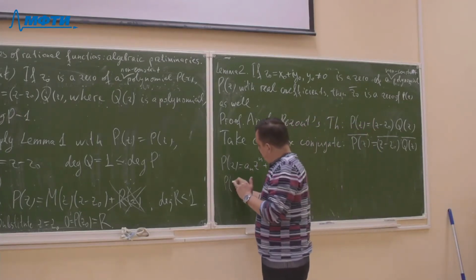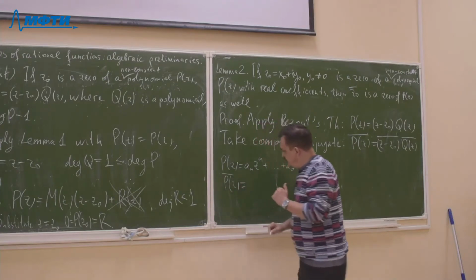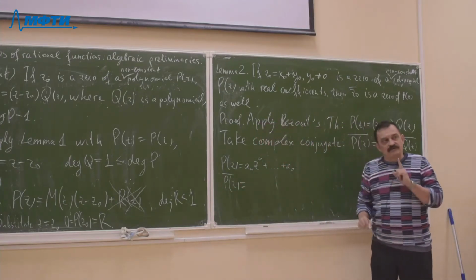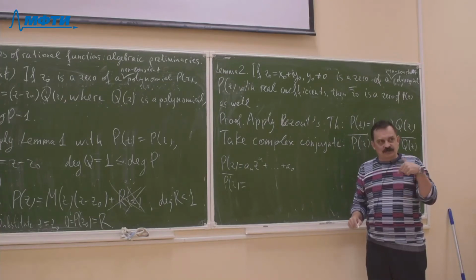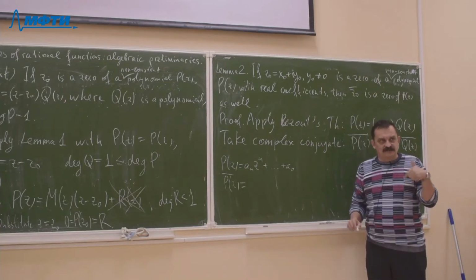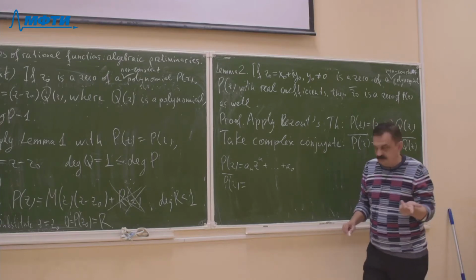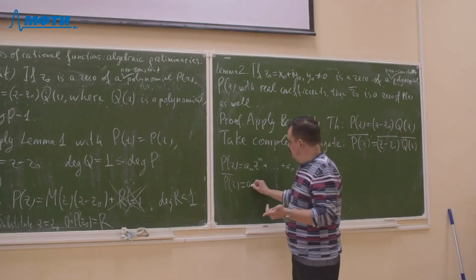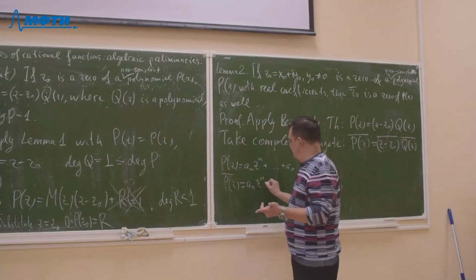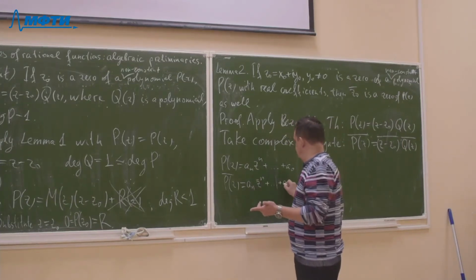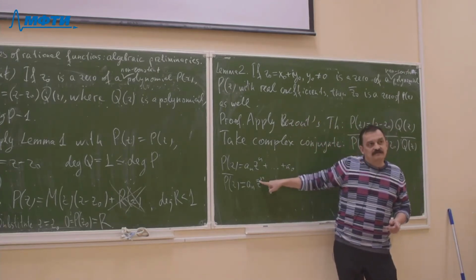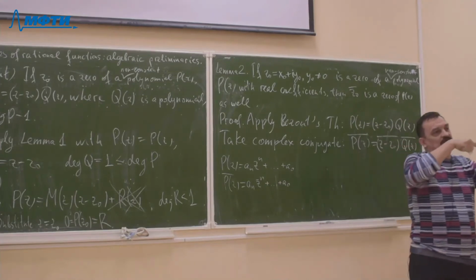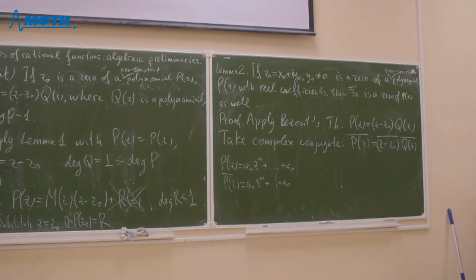So if we take conjugate, and remember that all coefficients are real, complex conjugate of a real number is the same real number, right? So it doesn't change. So we obtain a n z bar to the power n plus so on plus a naught. So conjugate will be only over z's, right?